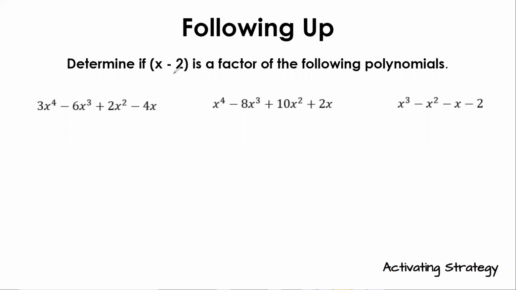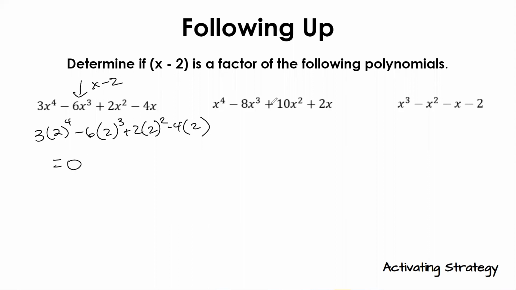All right, so we've got x minus 2. We're going to switch this to a +2 and plug that in. Now, you could have done this through synthetic division. That's totally okay too, if that's the only way you remember. But if you plug this in, what are you going to get? 0. Okay, so this is going to be a factor, x minus 2.